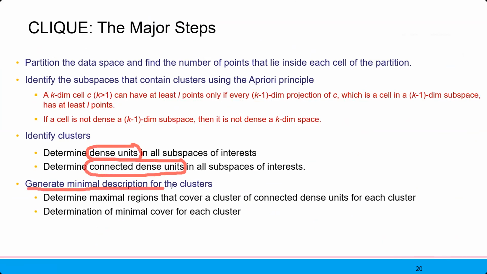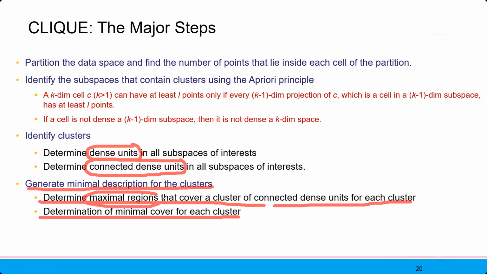Generate the minimal description for the clusters. It means we need to determine the maximal regions that cover a cluster of connected dense units for each cluster and determine the minimal cover for each cluster. So we need to find the maximal region and we need to find the minimal cover.